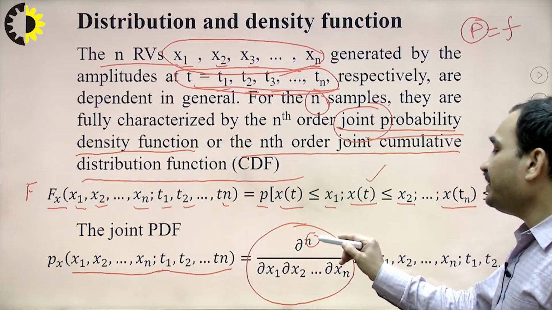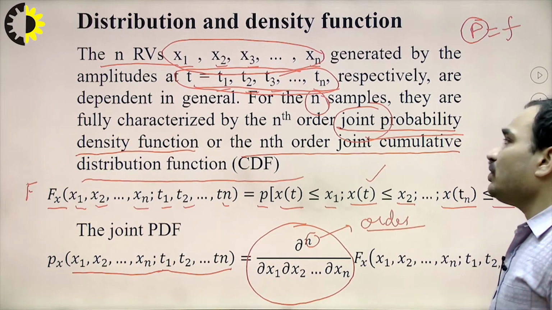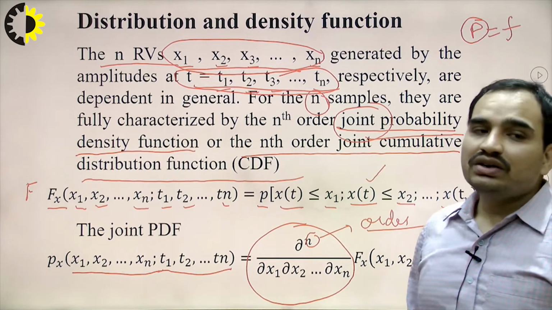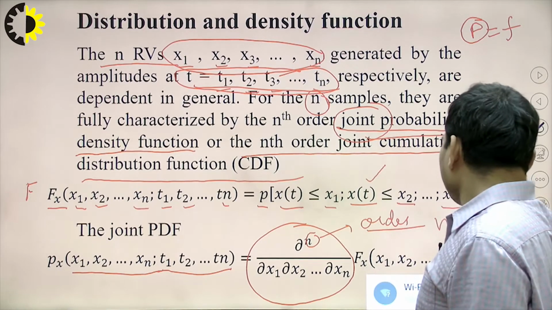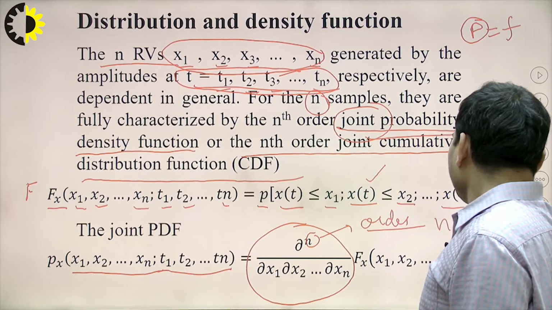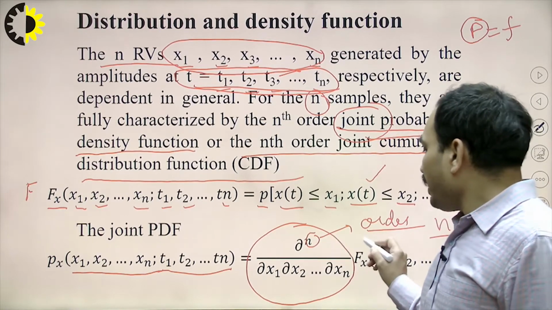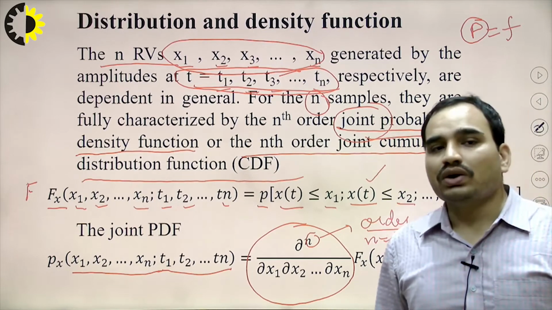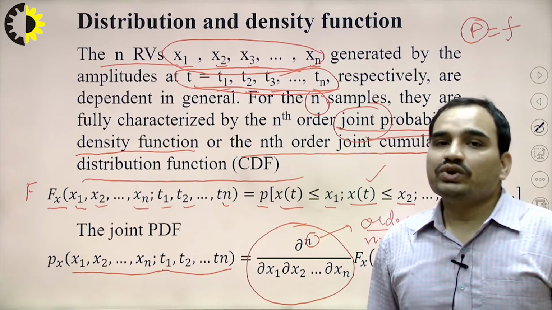What is n here? n is the order of the function. If n equals 2, it is second order; n equals 3, it is third order. Similarly it may have any integer value, n equals 1, 2, 3. For n equals 1, it is the first order, or lower order, and n greater than 1 is known as higher order.